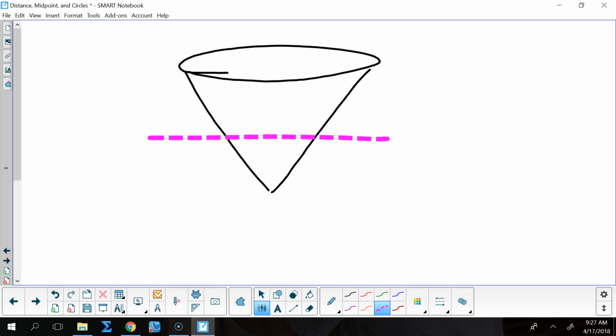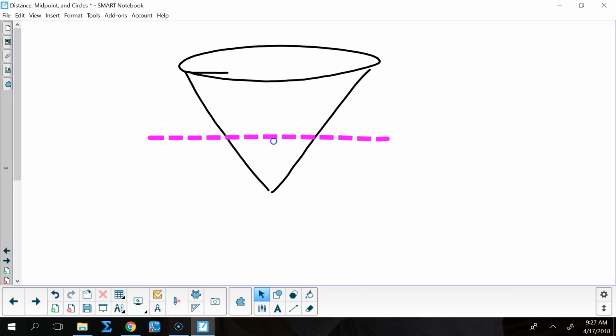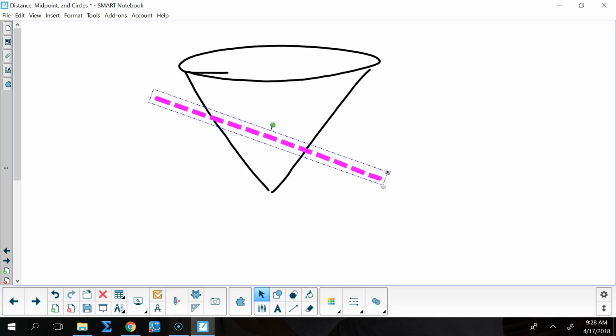So if I cut it horizontally, that gives me a circle. If I cut it on a diagonal, that's going to give me an ellipse.